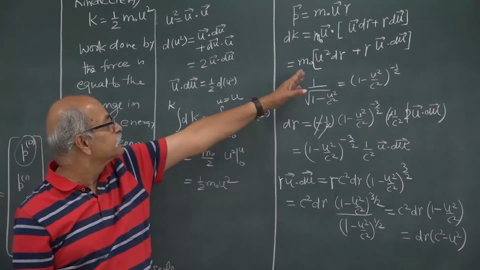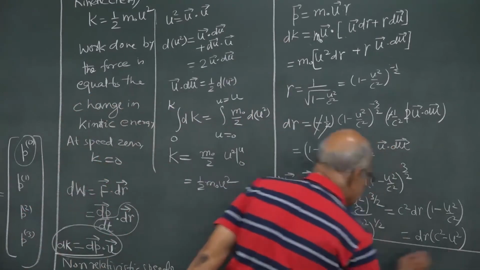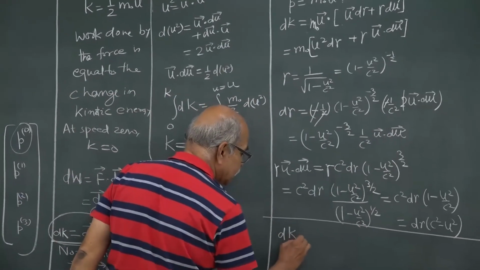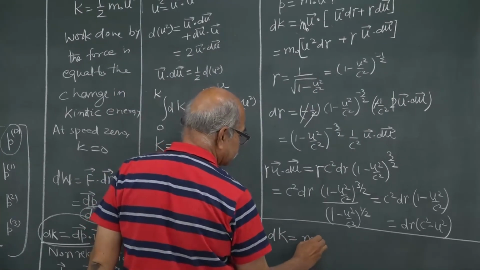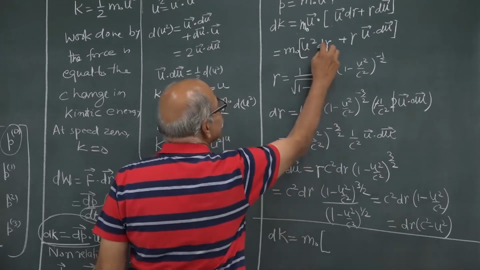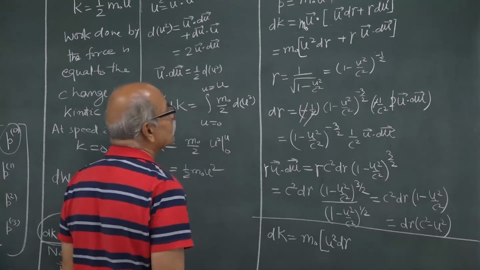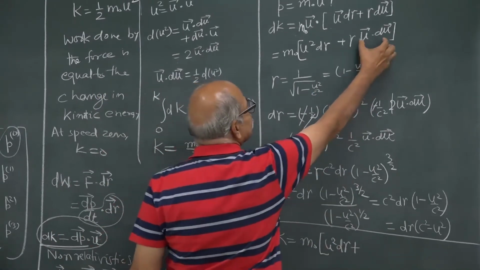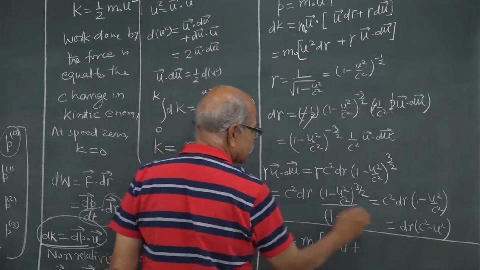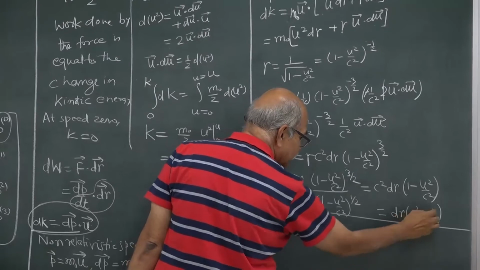And put it here in the expression of dk. So what is dk? dk is equal to m naught times u square d gamma, and then plus this expression, d gamma times c square minus u square.